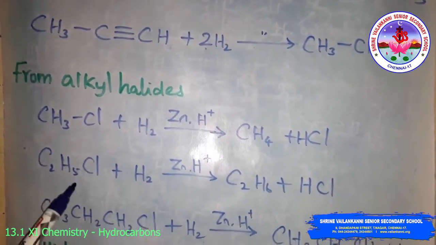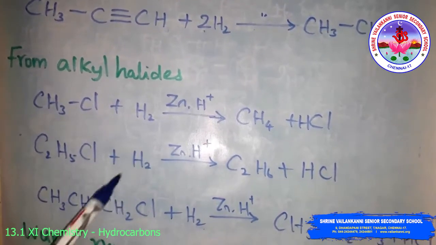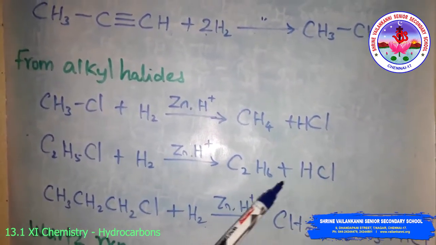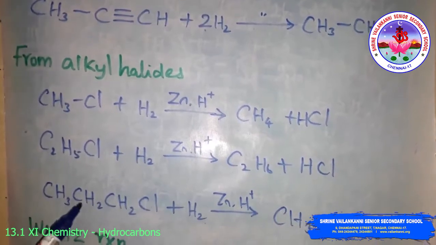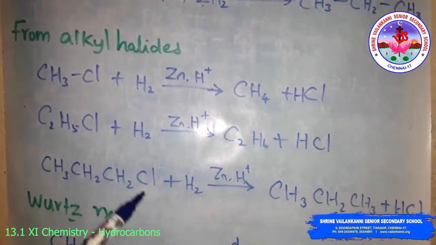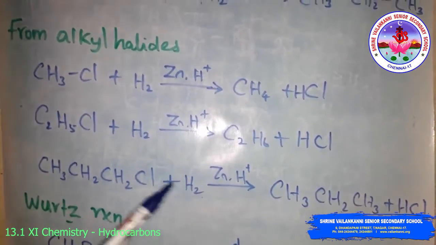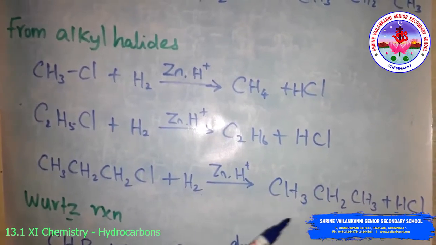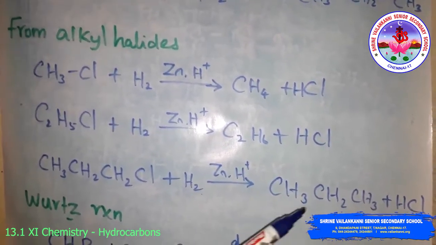In the same manner, ethyl chloride gives ethane and HCl. Chloropropane is also the same, only the chain length differs, so you will get propane.